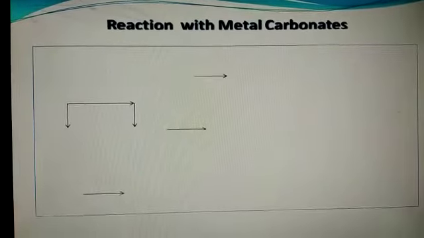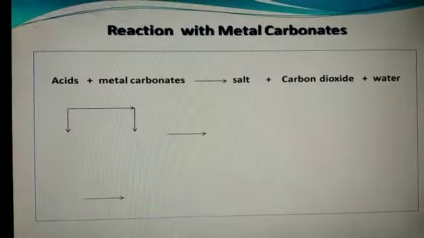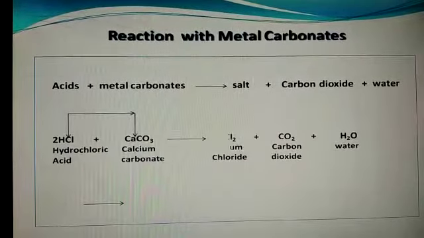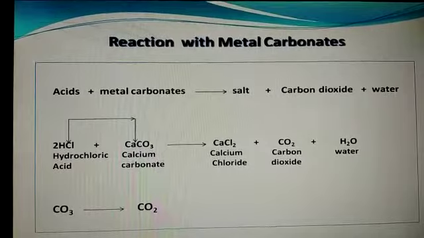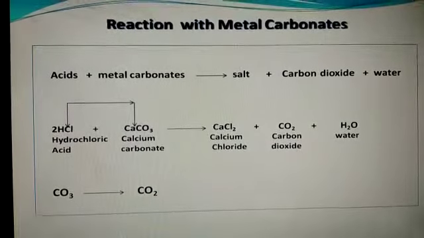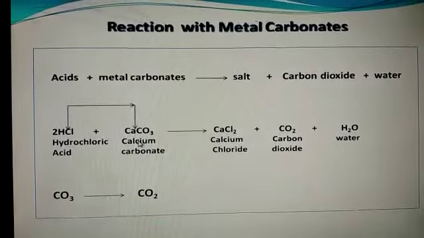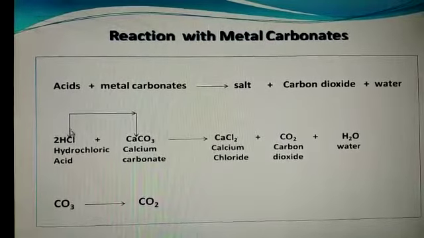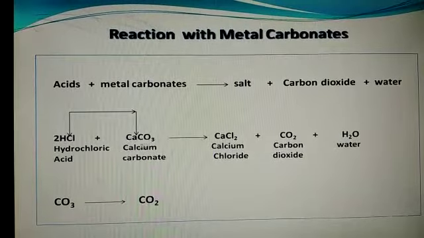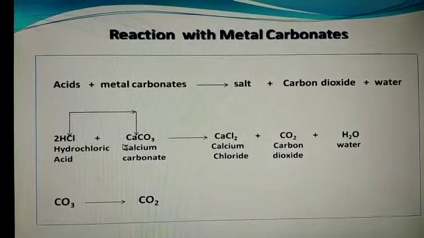In the second chemical reaction, when acids react with metal carbonates, they produce salts plus carbon dioxide and water. For example, hydrochloric acid reacts with calcium carbonate. The chloride part from the hydrochloric acid reacts with the calcium from the calcium carbonate.